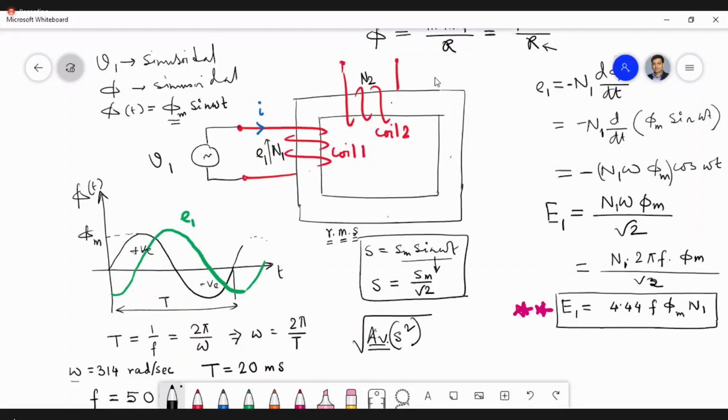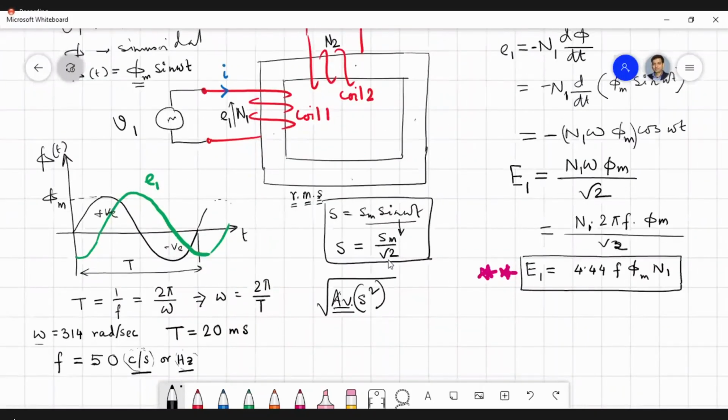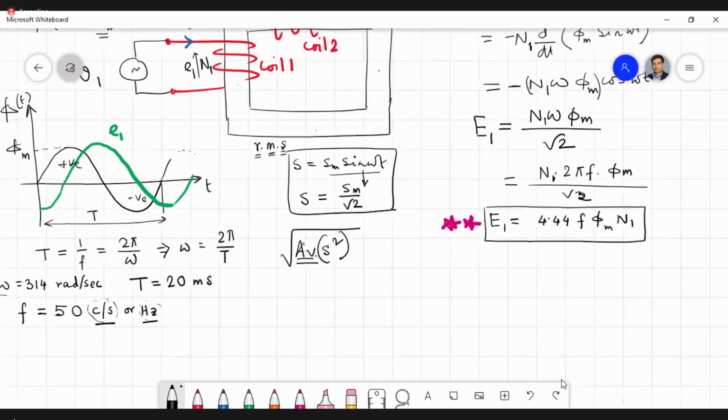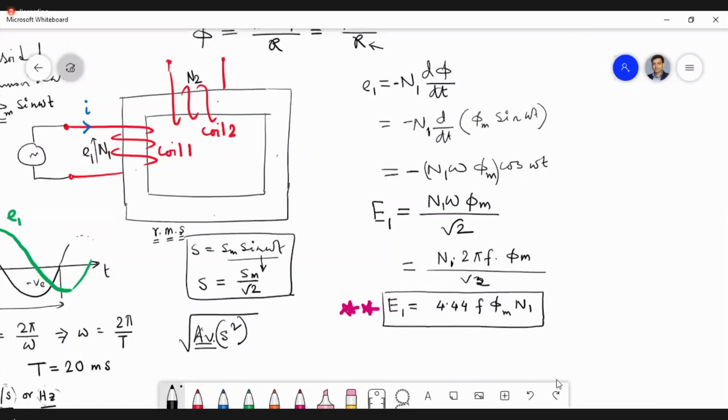So for this type of perfect sinusoid or alternating quantities, this RMS value has some importance. But I am not discussing this in detail because this will be discussed in another part of this subject. So have you understood how you are getting this E1? That means E1 is the RMS value of the induced voltage in coil 1.